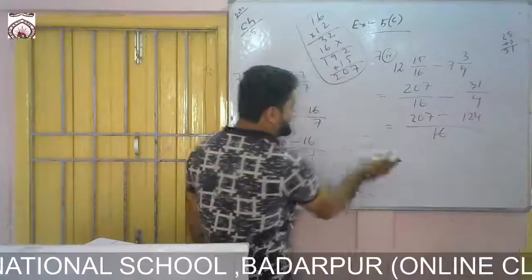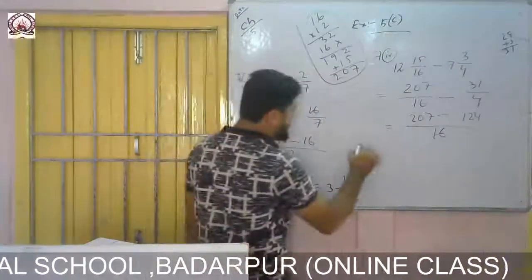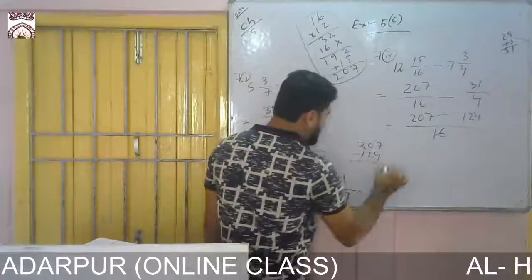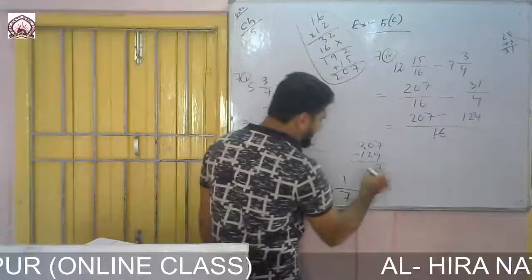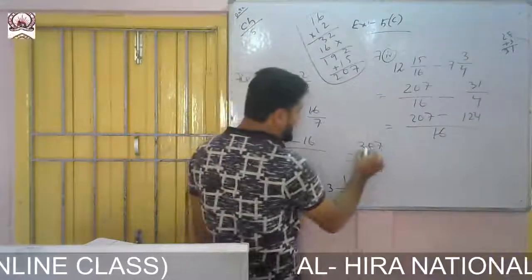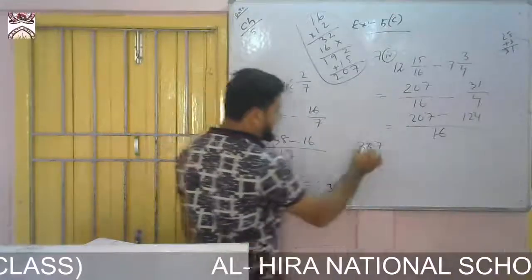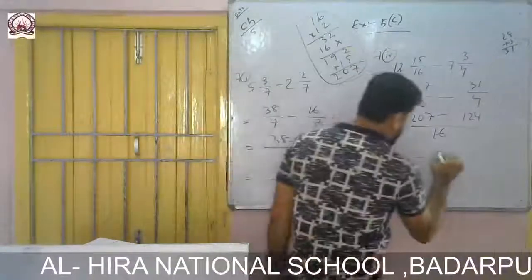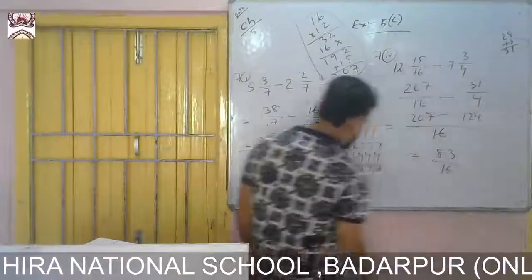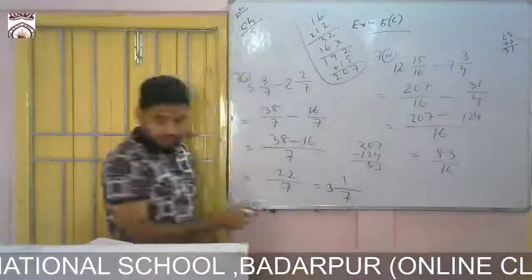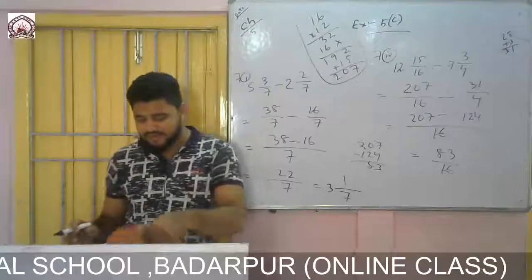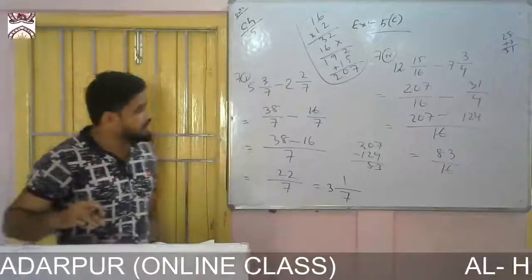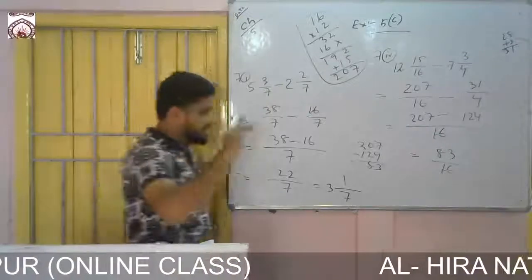Now subtract 207 and 124. 7 minus 4 is 3. Here nothing is there, so we take 10, 10 minus 2 is 8. Here 1 minus 1 is 0. So it is 83 by 16, and this 83 by 16 is improper.